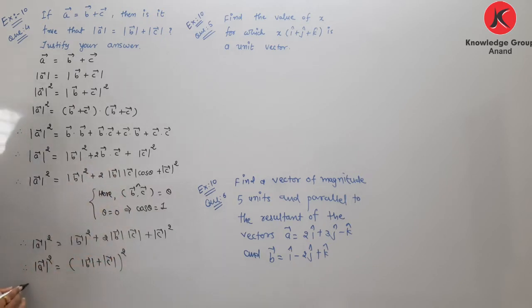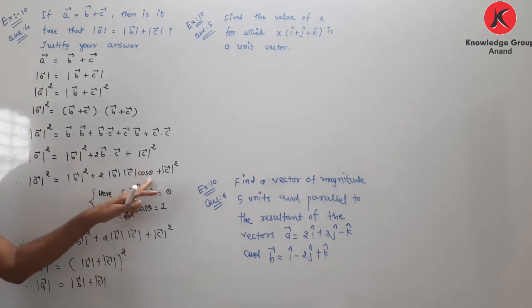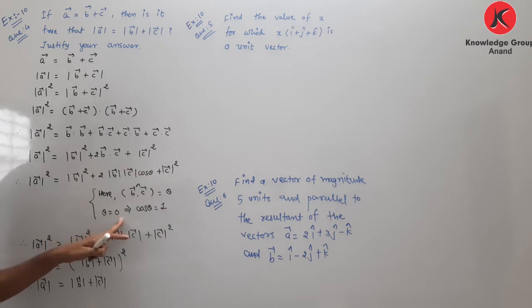If I am taking the square root on both sides, I will get magnitude of vector A equals magnitude of vector B plus magnitude of vector C. Therefore, we can say that if cos theta is not equal to 1, that means theta is not equal to 0, in that case we can't write it this way.